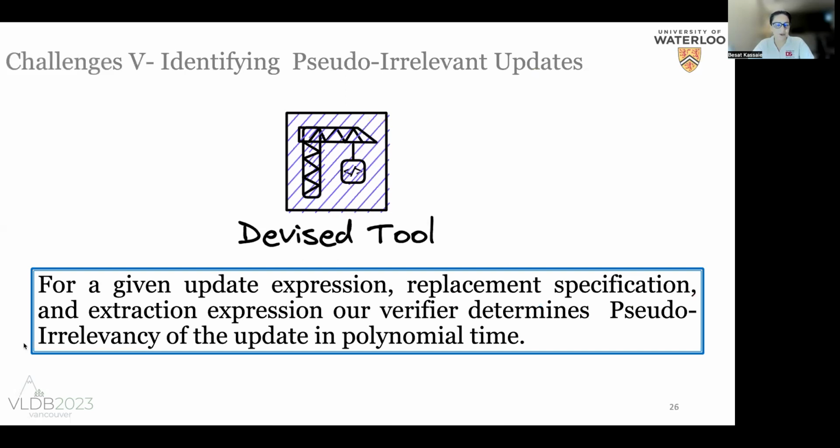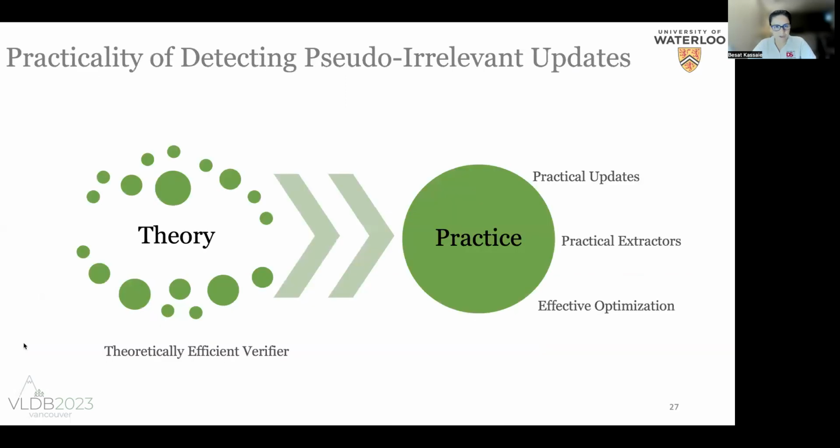The last step was developing a verifier that can determine whether an update is pseudo-irrelevant. Our verifier can determine pseudo-irrelevancy in polynomial time. The essence of our verifier is to inspect various kinds of overlap between an update expression, replacement specification, and the extractor. We have two objectives when designing the experiments.